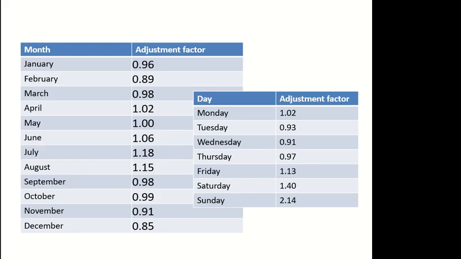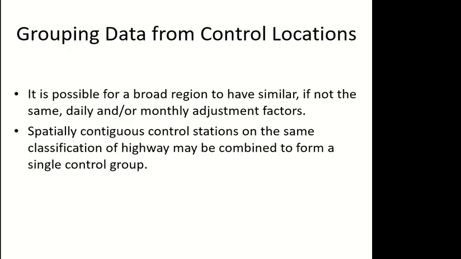So for every control count, we will be calculating these adjustment factors. So if I have 10 control counts, I will have 10 sets of adjustment factors. For each control count, I'll calculate monthly adjustment factor and daily adjustment factor like you did in the last example. So I have 10 factors for Monday, 10 for Tuesday, 10 for January, 10 for February, and so on. 1 for each control count.